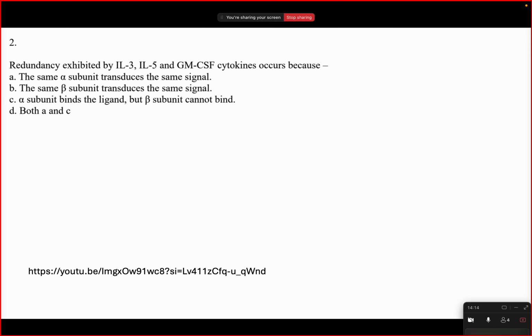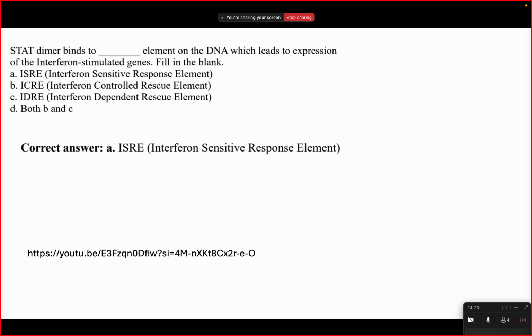So the next question is, I think we have done this, so yes, we can start from here. The STAT dimer binds to blank element on the DNA, which leads to expression of the interferon stimulated genes. Fill in the blanks.